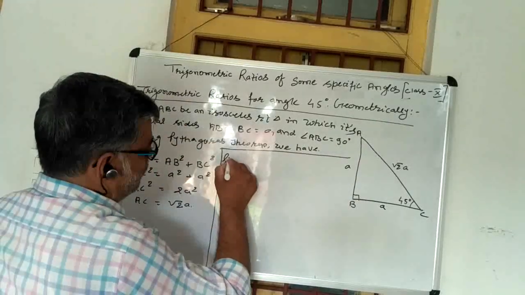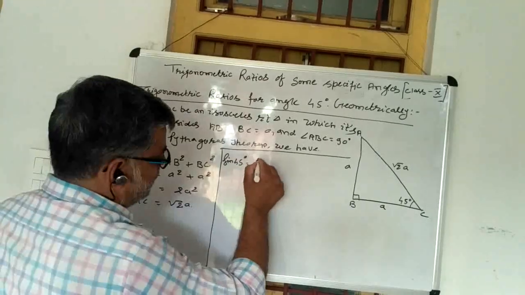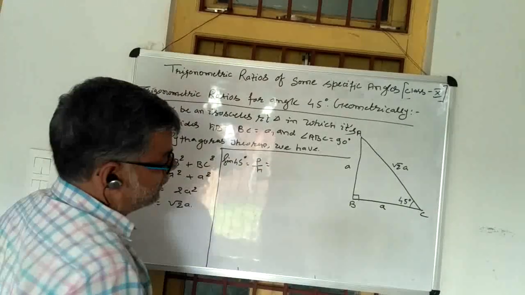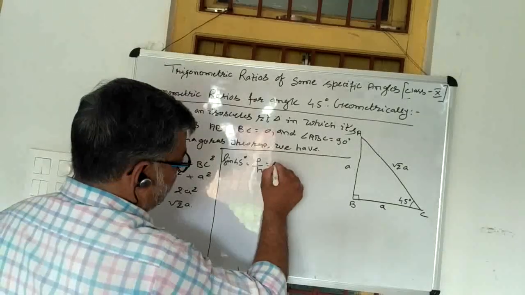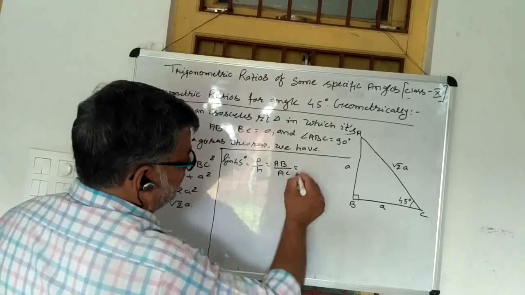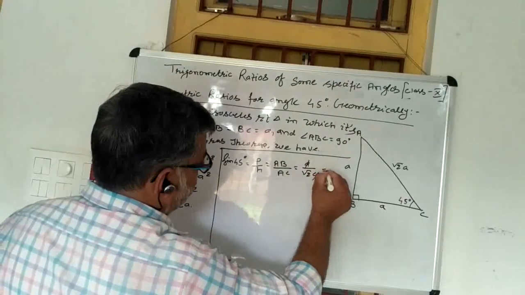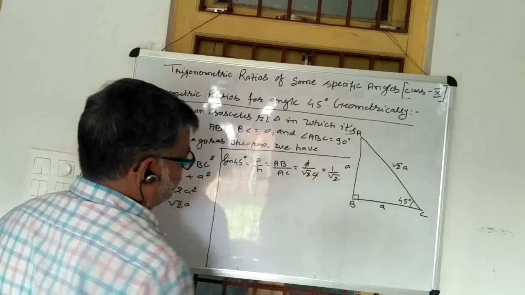Sine 45 degree: as you know, the ratio of sine is P by H, that is perpendicular by hypotenuse, that is AB by AC, that is A by root 2A. A will get cancelled, that is 1 by root 2.